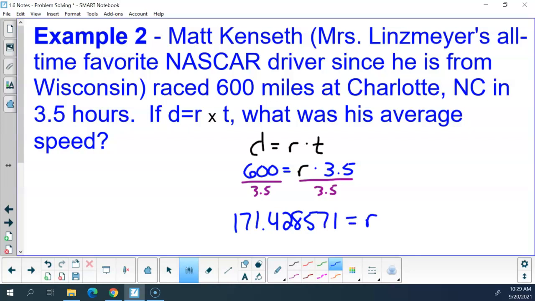Okay. Now, this begs the question. In this particular case, it did not tell us what we're rounding to. So, what do you think? 100? Okay. So 2 decimal places?